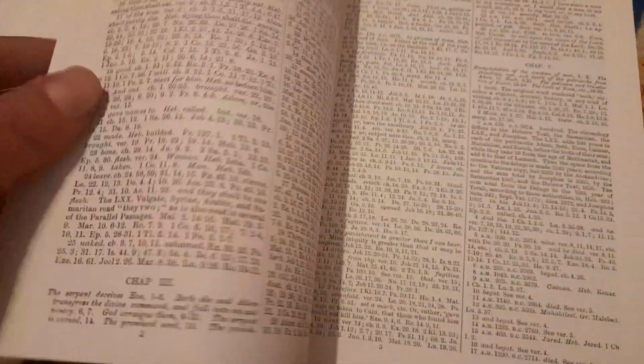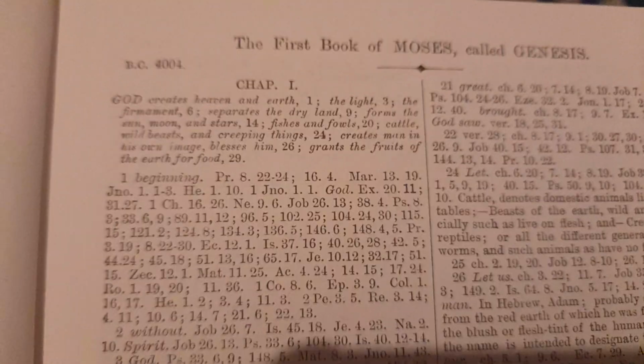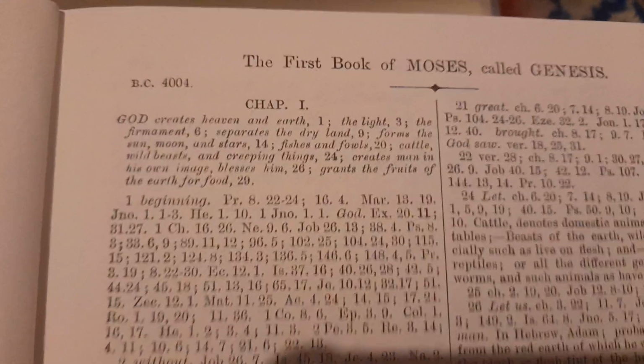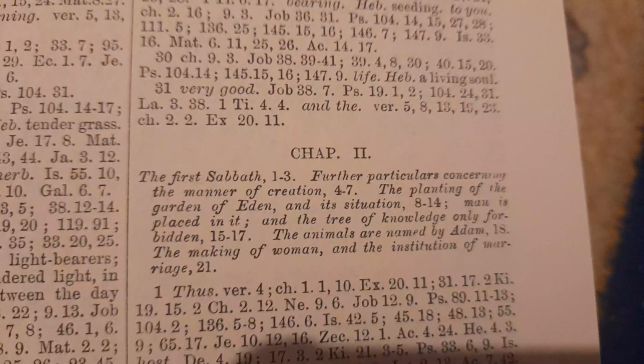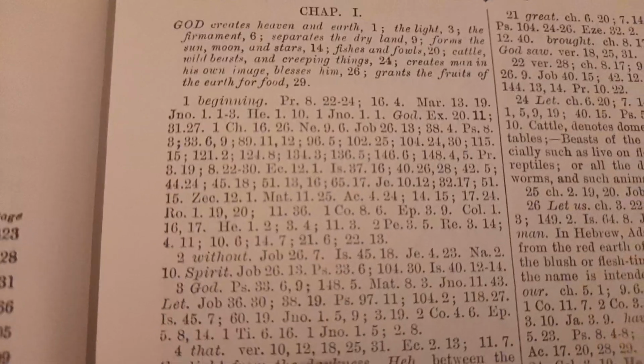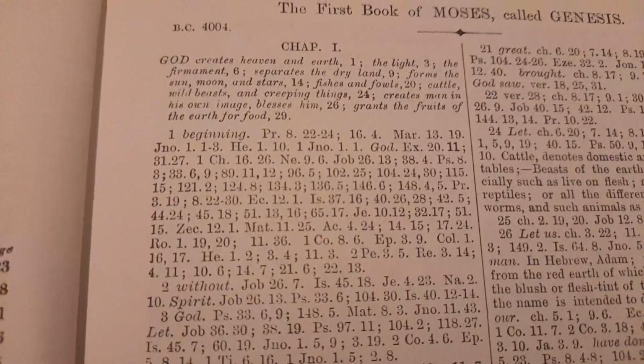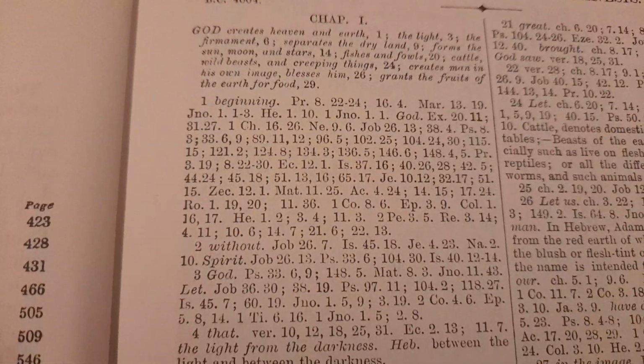But there's more cross-references with this book. I'll just show you, like from Genesis. Each chapter is given a description at the beginning of it. So you've got chapter 2, it's giving you a description of the chapter. And then there are certain words, like the word beginning, that's got loads of different cross-references to it.